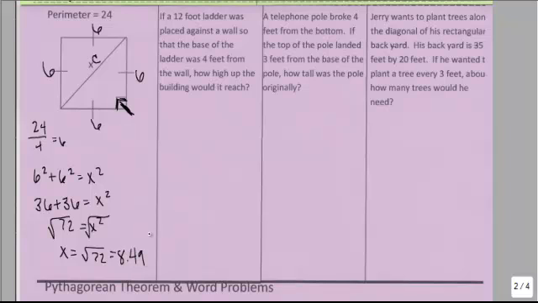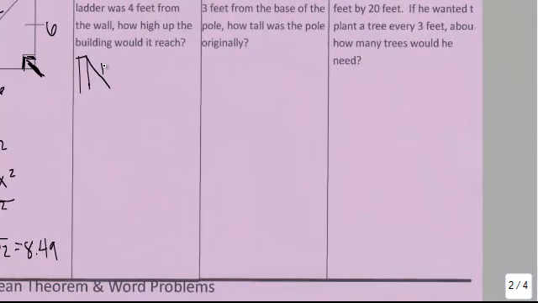On the other word problems, it'll help you to draw the picture. So if a 12-foot ladder was placed against a wall so that the base of the ladder was 4 feet from the wall, how high up would the building reach?